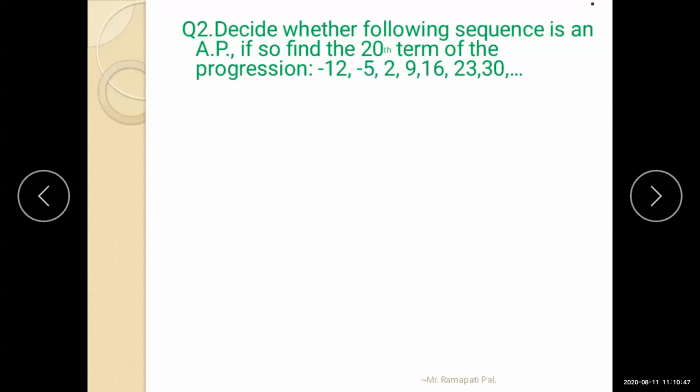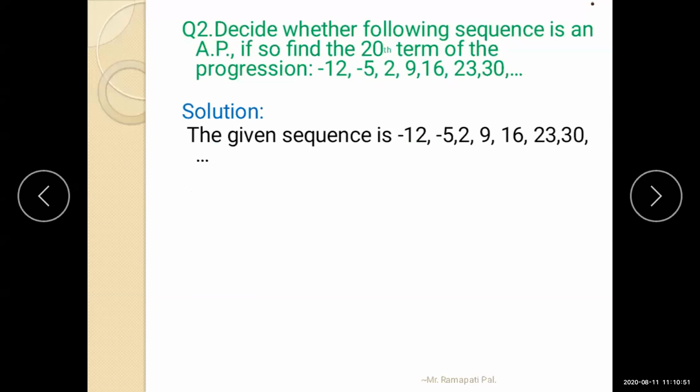First of all, we have to write down the sequence. Let's see. The given sequence is minus 12, minus 5, 2, 9, 16, 23, 30.